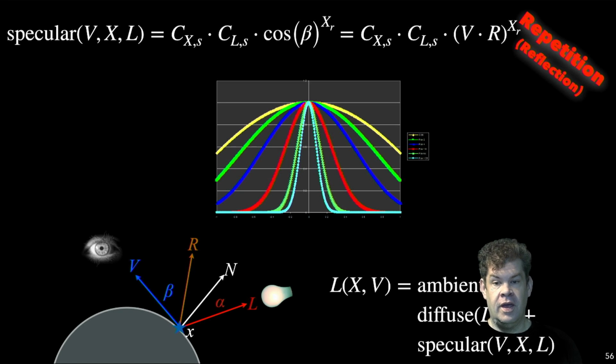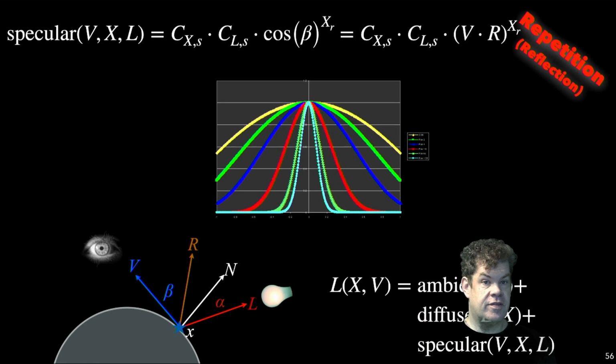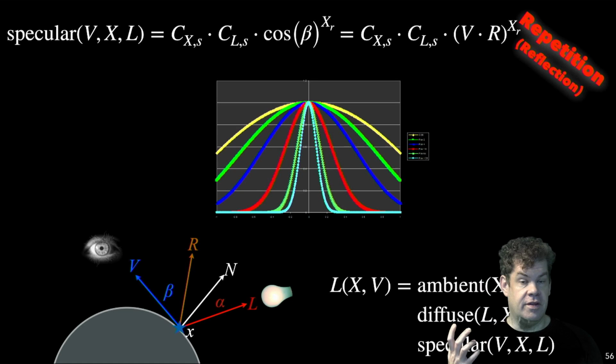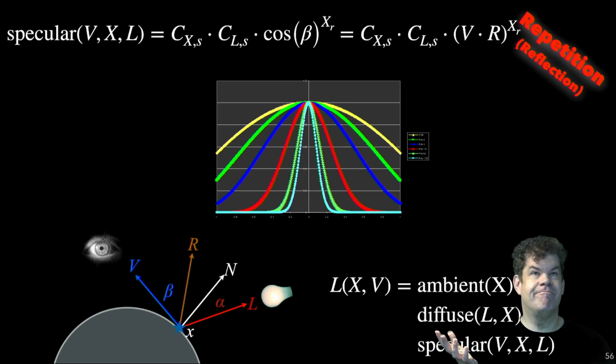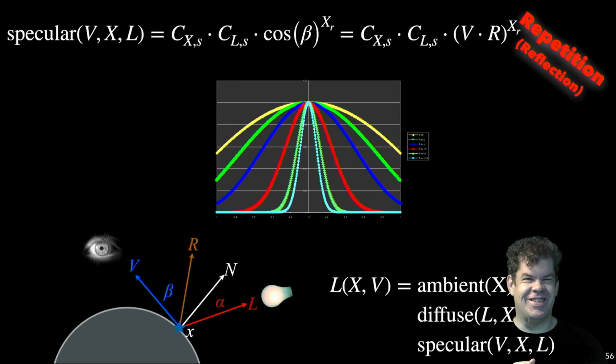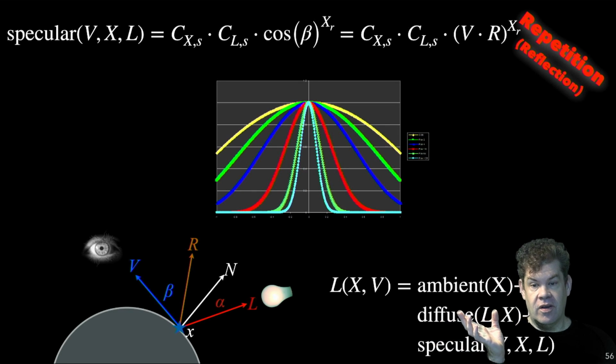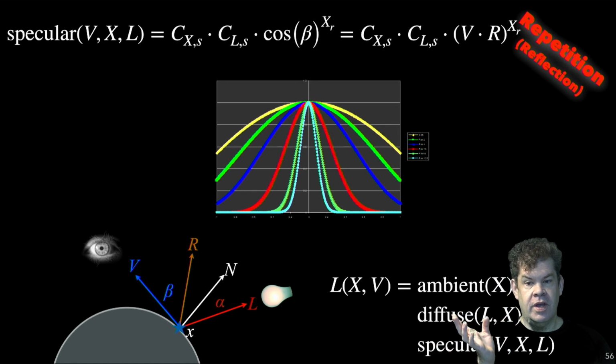And then we do something that is weird and physically speaking nonsense, or it's not absolutely nonsense, but relatively so. There are situations where it kind of makes sense, but they're rare. So we add this specular term to this diffuse term.